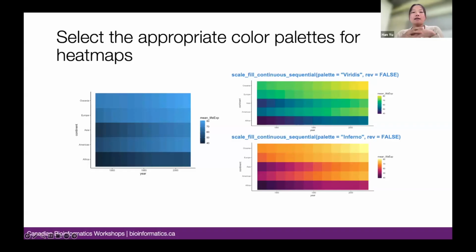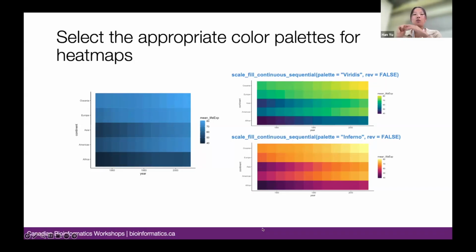Choosing the right color palette is also important for interpreting heat maps effectively. Since the heat map uses color intensity to represent the numerical values, selecting an appropriate color scale ensures that the patterns and trends are easily distinguishable. The left side plot shows the default color scale of the heat map. It may not be the best choice for distinguishing the differences in values, as darker shades can sometimes blend together.